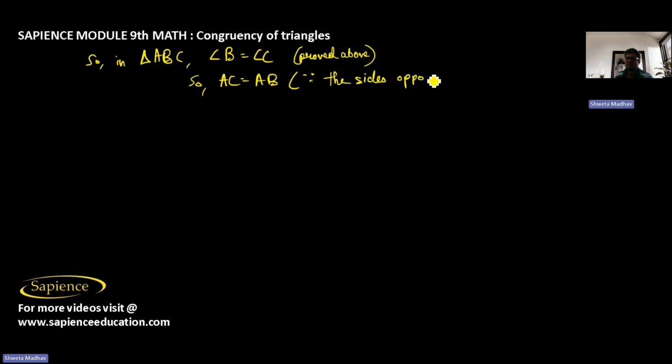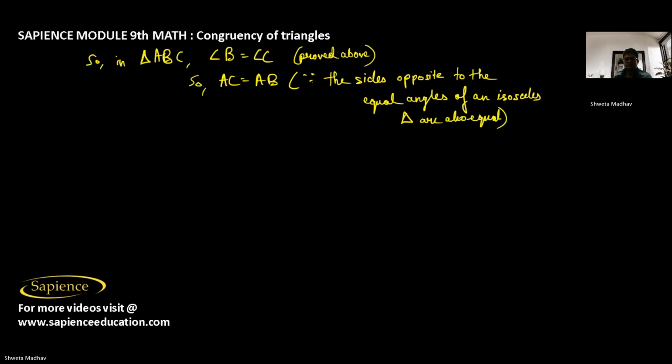Since the sides opposite to the equal angles of an isosceles triangle are also equal. So hence proved.